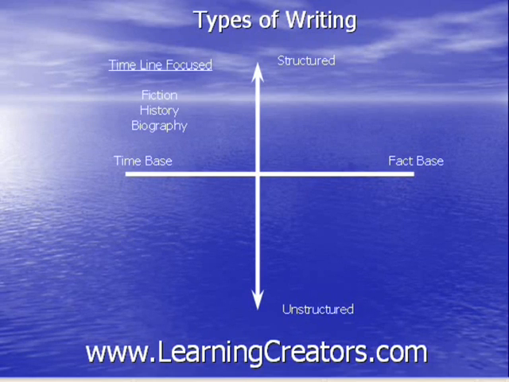Well, the answer is that we're looking at something that is timeline focused. That is, it concentrates on this happened, and this happened, and this happened, and this happened, and that there is a time delay, a time element to it. We find that primarily in things like fiction, in history, and in biographies, and that includes autobiographies.